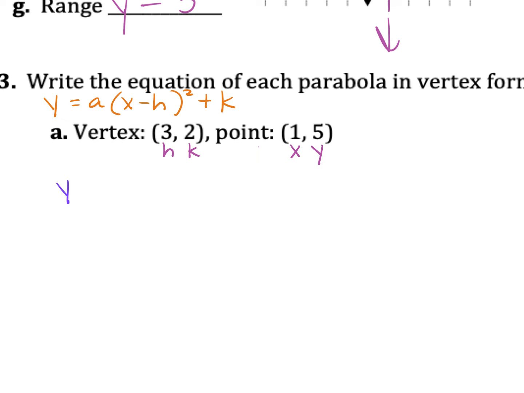If you tell me y equals a times (x minus my h value) squared plus my k value, that's a point on your test because you could at least say, I know my final form has to look like this, I just don't know what goes here. So if I were you, I would just do that off the bat. But what we're actually going to do is solve for a. Does anyone see how we could find a?